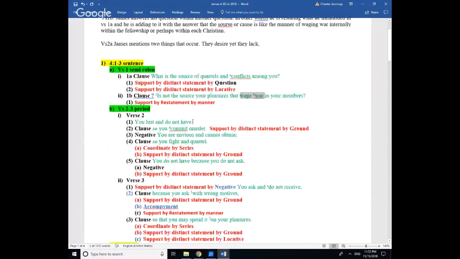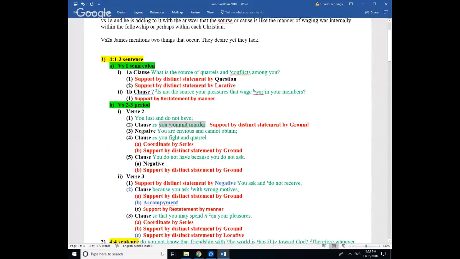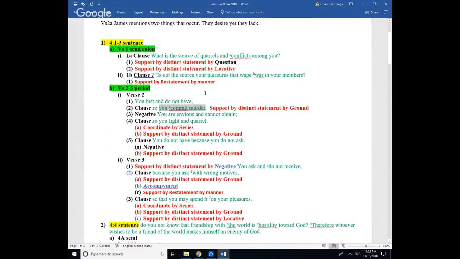But then you get here and you see the word murder. And whether it's literal or figurative, that's not the point. The point is that he chose this word. So he's saying that there's a process involved here. And so you lust and do not have, so you commit murder.